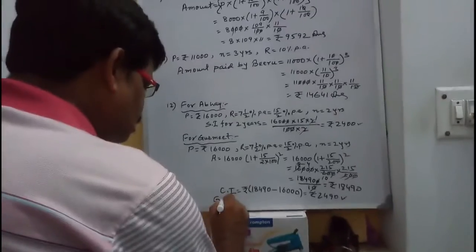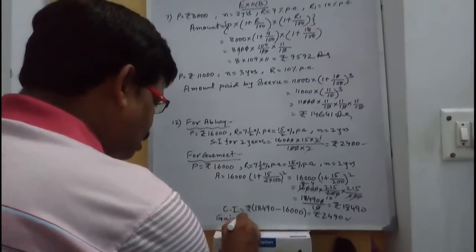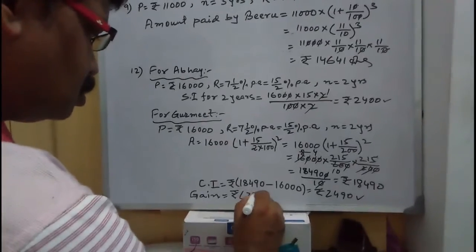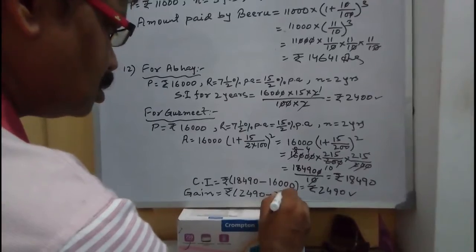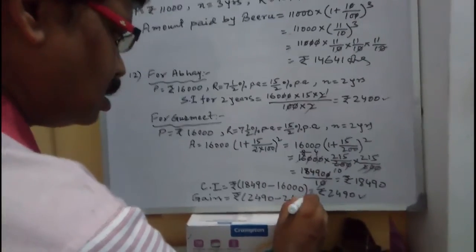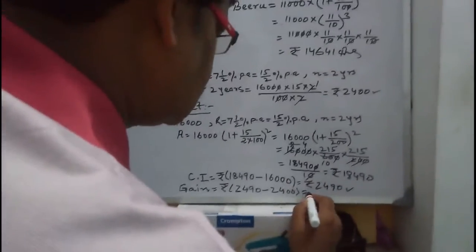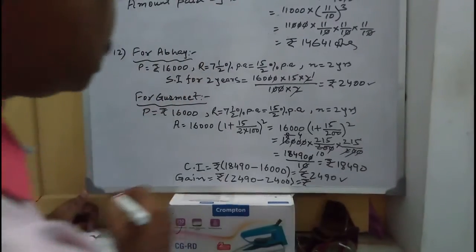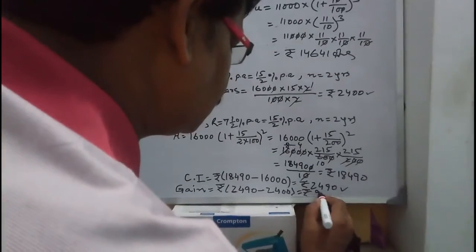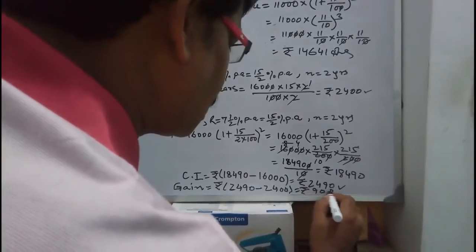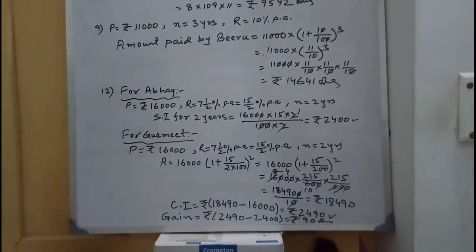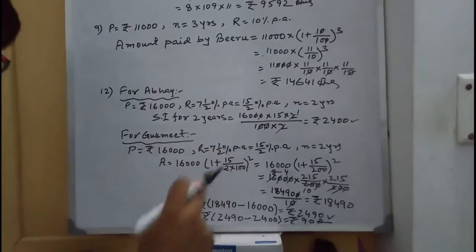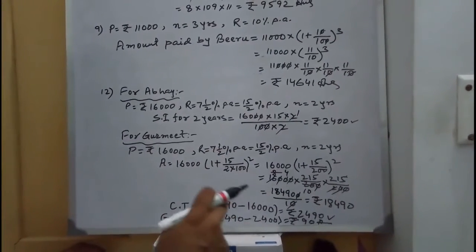So gain equal to rupees 2490 minus 2400, subtract it, which is equal to 90. So 90 is the answer. That means at the end of the second year the gain is rupees 90.